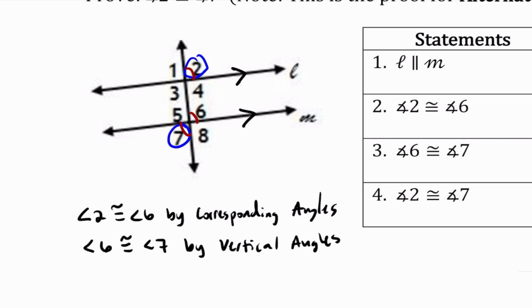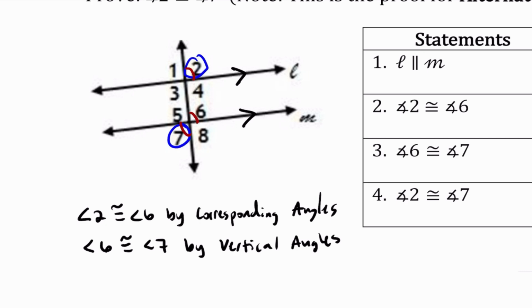And a real quick note here, the reason why I'm drawing one single arc there is because it's congruent to angle 6, and angle 6 is congruent to angle 2. They should all have the same measurement.